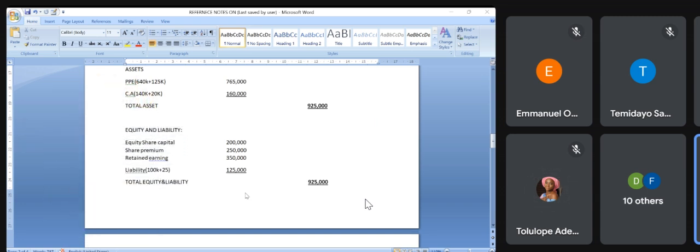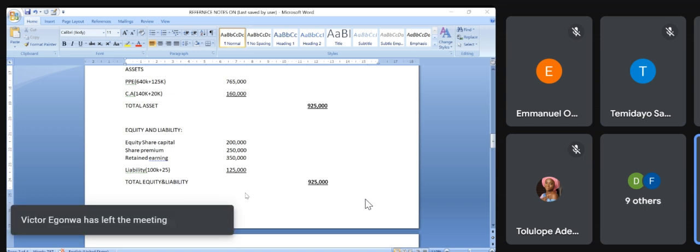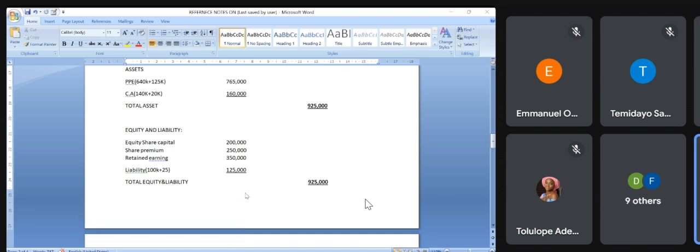Now, under the liability, 100,000 plus 25,000 was 125. Total equity and liability 925. Meaning total assets balance with total equity and liability. Therefore, our balance sheet is balanced. So let me recap again. This thing is very, very simple.